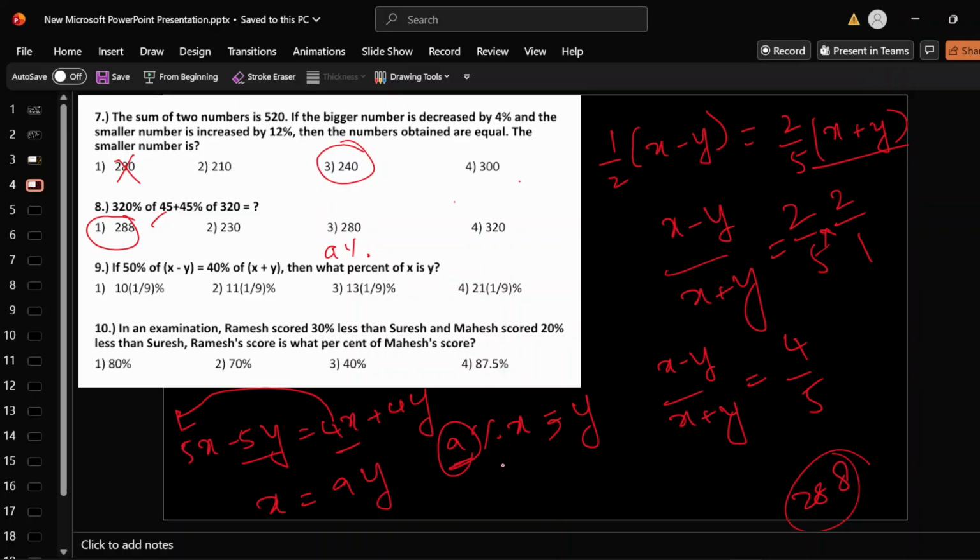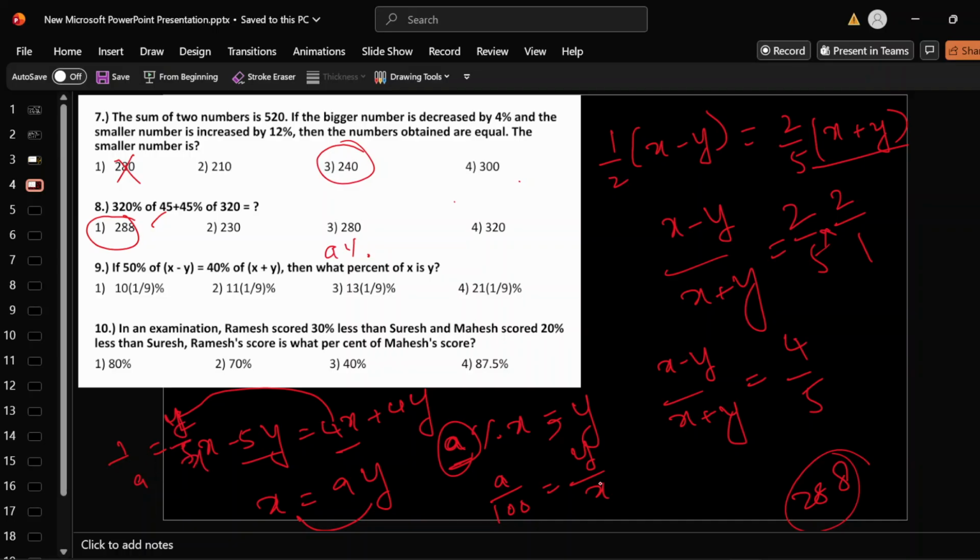Here we have to find the a value. That means a by 100 equals to y by x. Here we know the y by x value. From this you can get the y by x value, right? Here x is multiplying with 9. If we move it to the right, it will be divided. 1 by 9 equals to y by x.